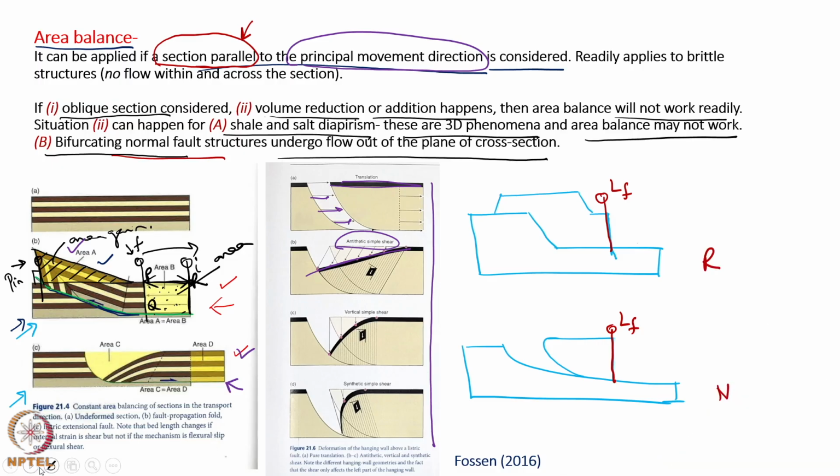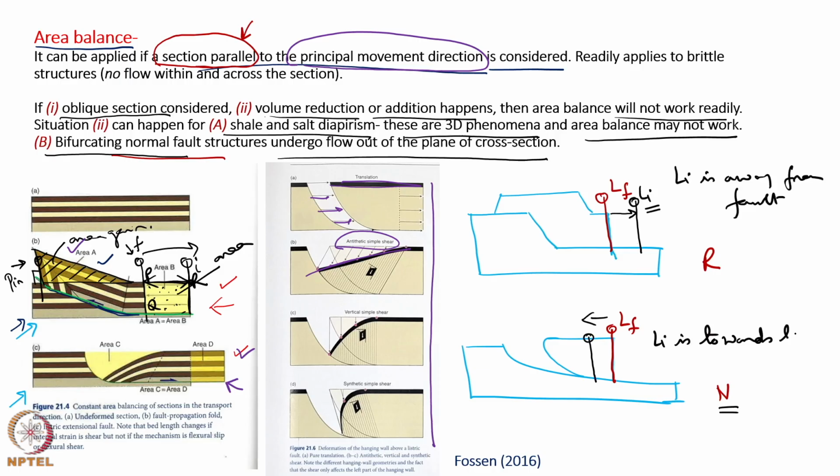In case of a reverse fault, the L initial is found out in this place, and in case of a normal fault, the L initial is found out in this place. In this case L initial is away from the fault, and in this case L initial is towards the fault, because in reverse faulting, in compression, L initial is supposed to move to this position, and in extensional tectonics, in case of normal fault, L initial is to move in that direction.